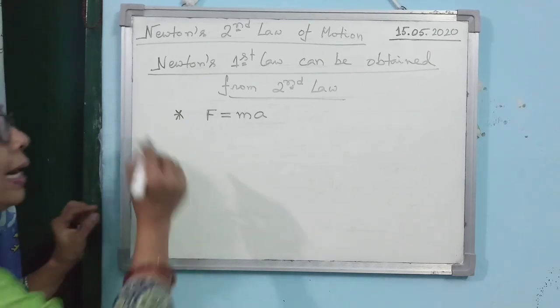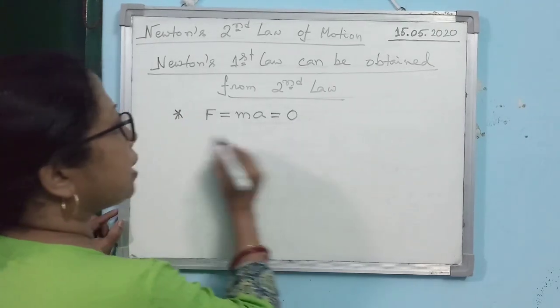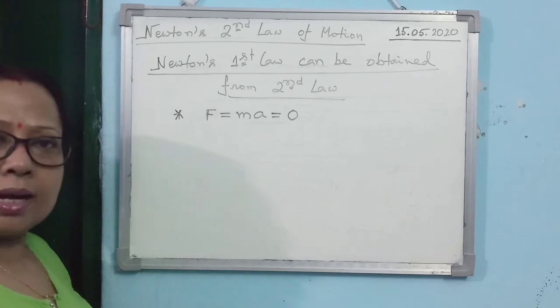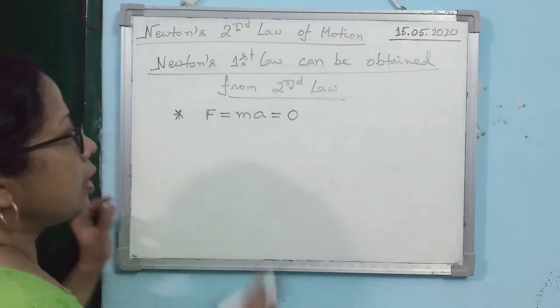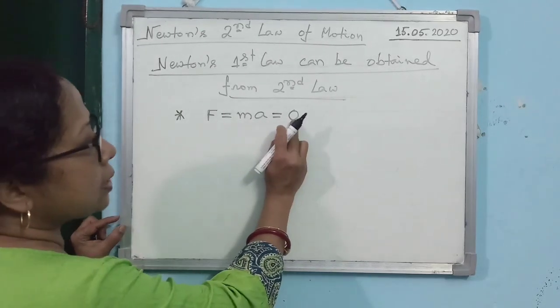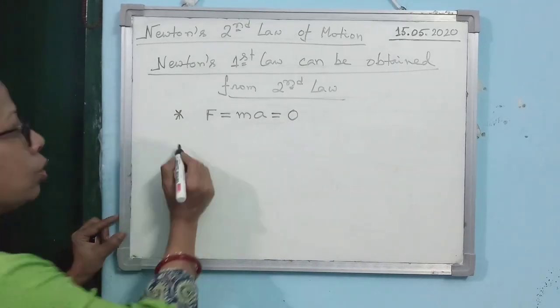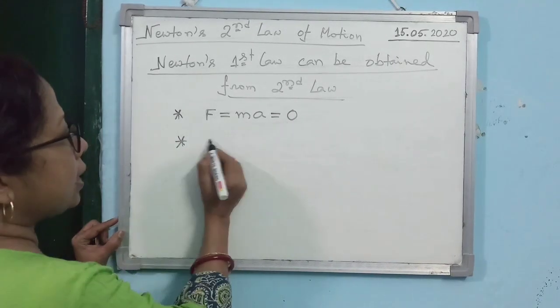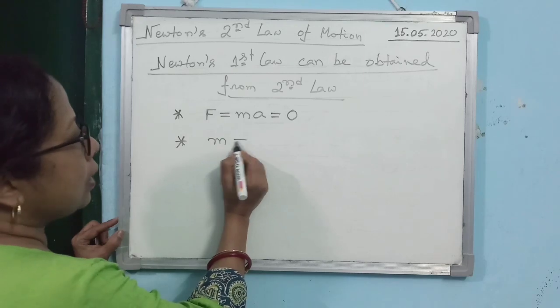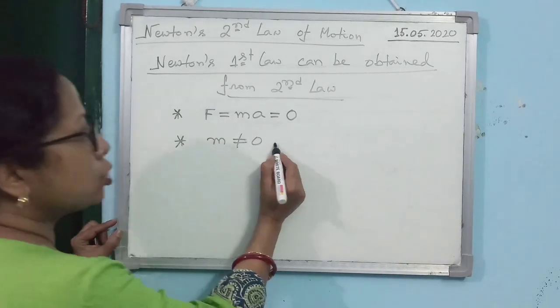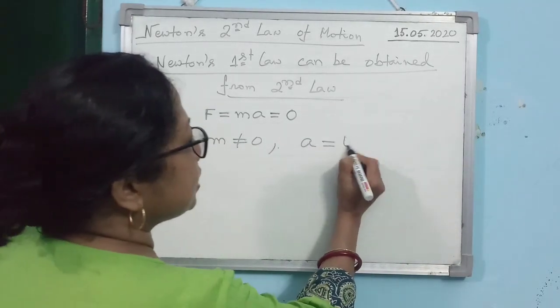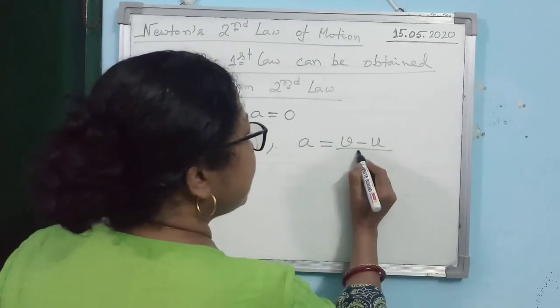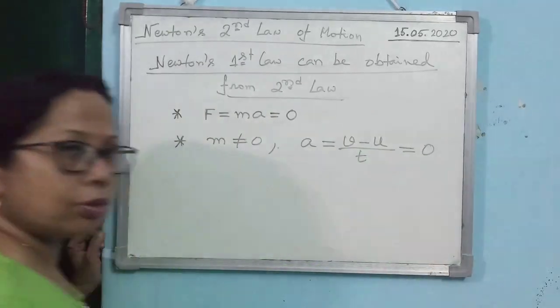Now let us consider that no force is applied on a body. What does it mean? Mass into acceleration is equal to 0. Mass cannot be 0, so acceleration, which is equal to (v minus u) by t, should be equal to 0.